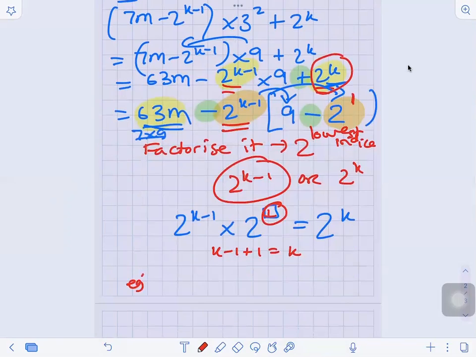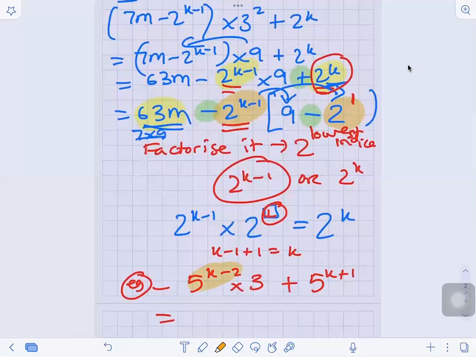I'll just give you an example of something else. Say it was 5 to the k minus 2 times 3, minus, and a plus 5 to the k plus 1, we'll just leave it at that. So what's the lower indice? 5 to the k minus 2, and I'm going to take that out. That means you will have the 3 left. The sign inside changes to a minus.